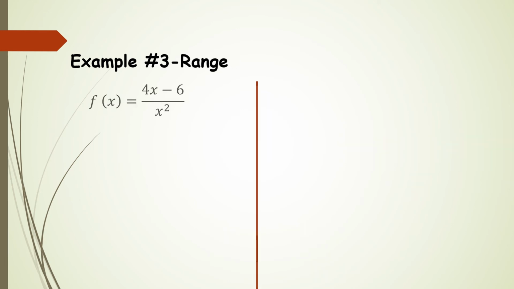For our range, we will use the discriminant formula, which is b squared minus 4ac is greater than or equal to 0. We chose greater than or equal to 0 since we want to get real solutions or real roots.